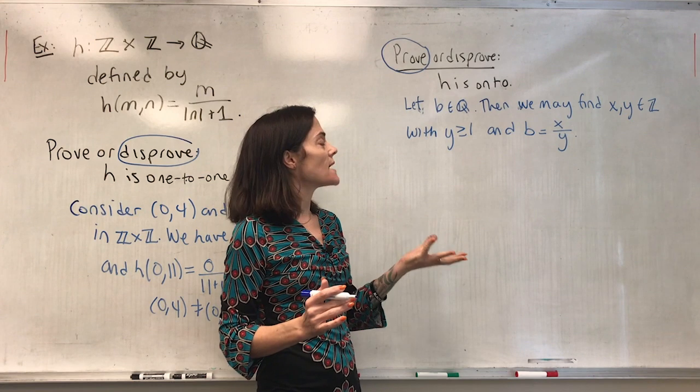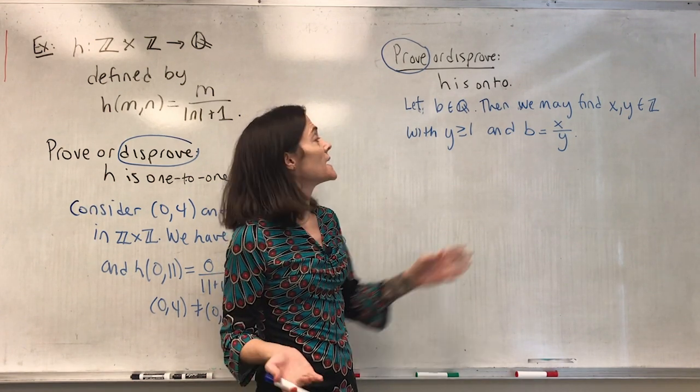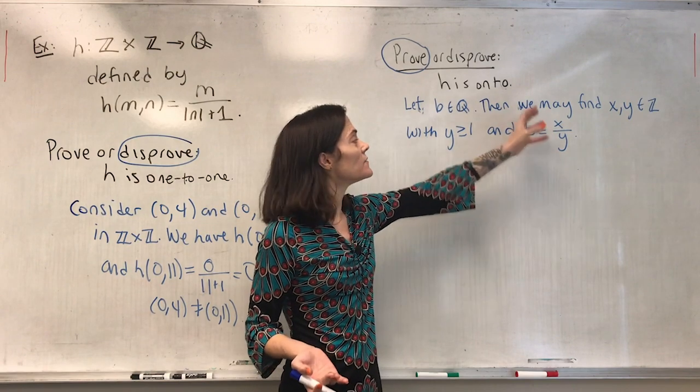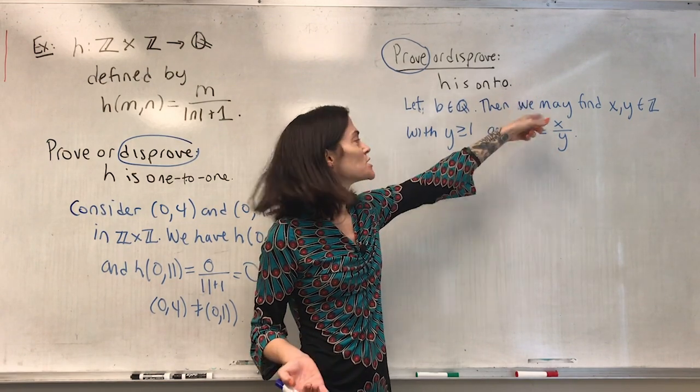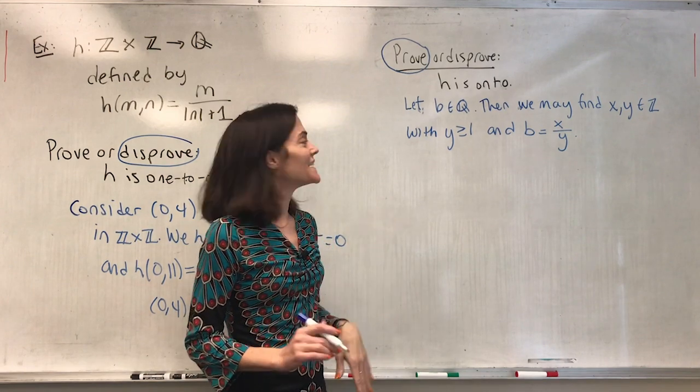You could always take the denominator to be an integer bigger than or equal to 1. And if it happens to be a negative number, the negative would just be absorbed in the X in the top. And you'll see why I want to do this in a minute.